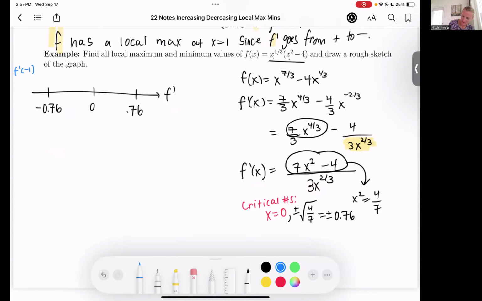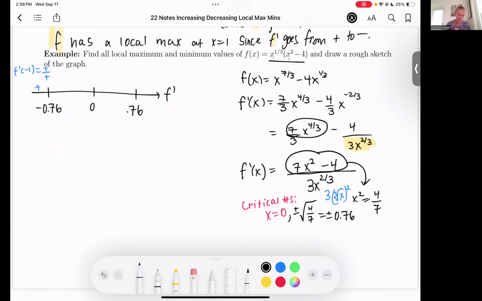Let's see. 7 times -1 squared minus 4 is going to be positive. The denominator is also always going to be positive because we could write this as 3 times the cube root of x, that whole thing squared. So this will always actually be positive as well. If you don't trust me, plug a number in. So I'm going to get positive down here.